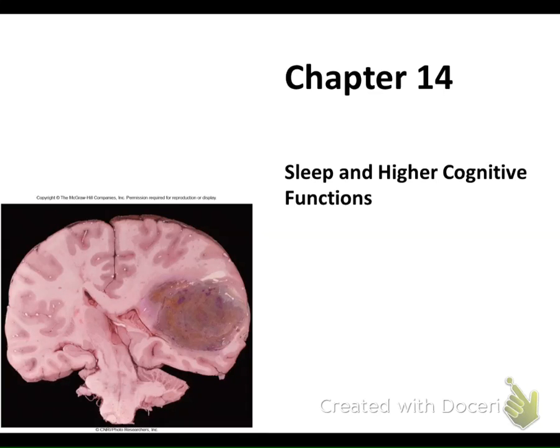What's that lobe doing? What's that part of the brain doing? What's that nucleus doing? And almost every one of those structures I'm going to mention here in the next hour or so. So you're going to have a better understanding of why I had you learn those parts of the brain. Okay, let me pause there for a second. Anything else you can think of related to chapter 12 to clarify?